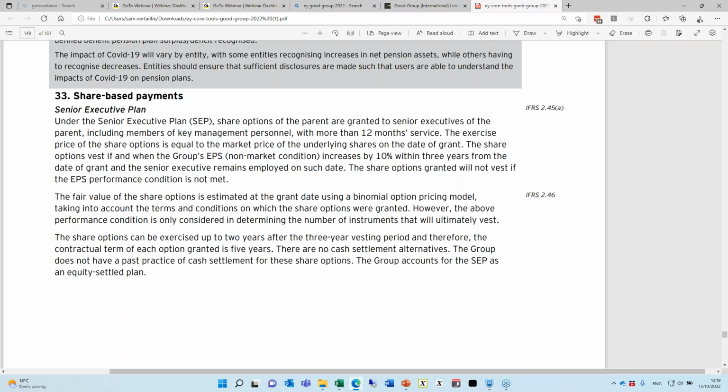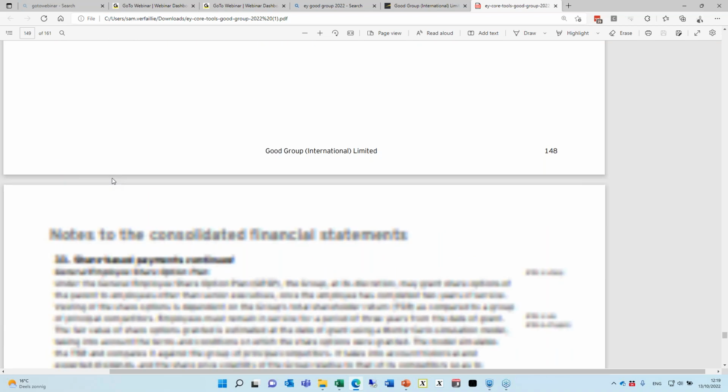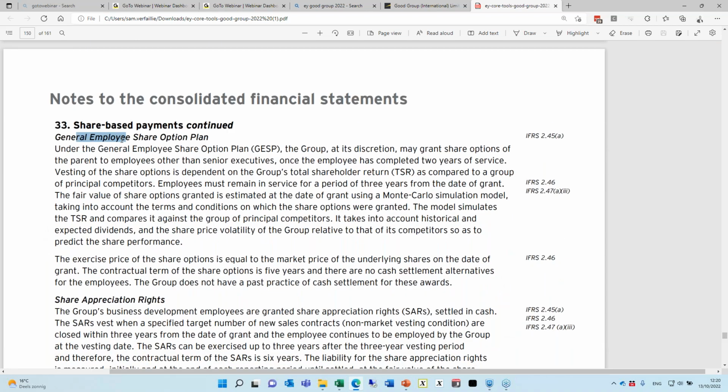Very often we have one plan, but you may have several issuances over a period of time. That's okay, you only have one plan. But you may also have different plans with different terms and conditions. So you need to explain them differently. Explain the terms and conditions of each plan. In that case, you have a senior executive plan, and we have a general share option plan for all the employees.